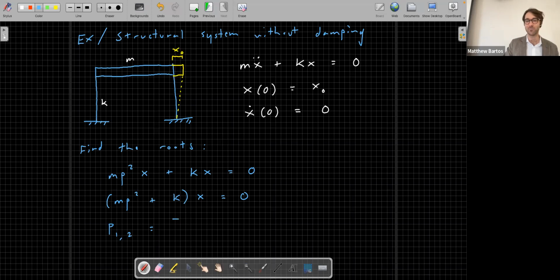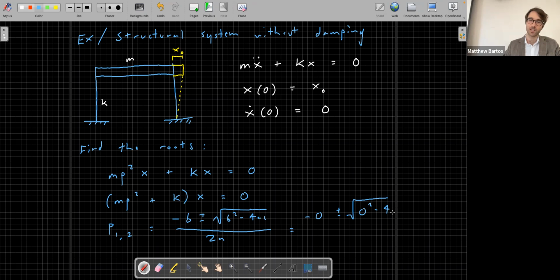Okay, so you're right. It's negative b plus or minus square root of b squared minus 4ac all over 2a. In this case, we have that b is equal to 0, so this term here will also be 0, minus 4. Our a term is m, and our c term is k, and this will be all over 2m.